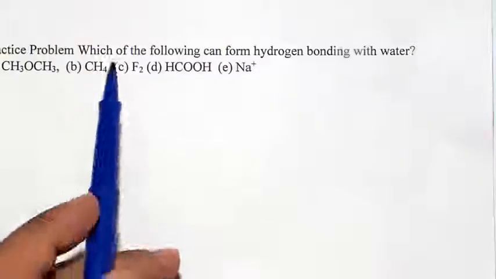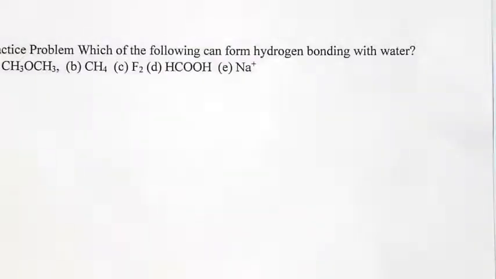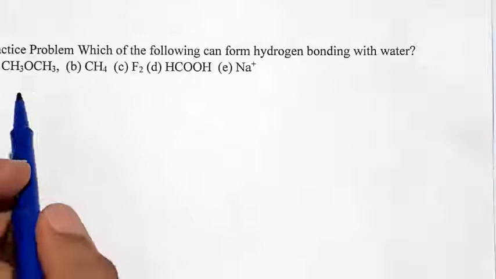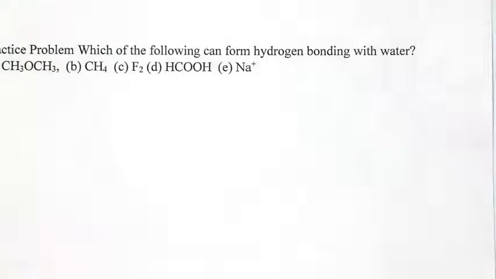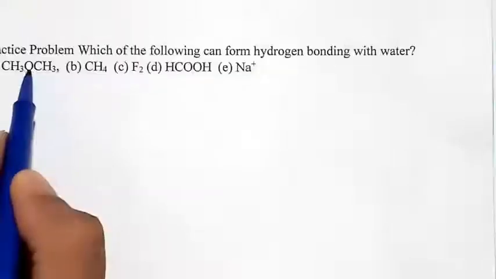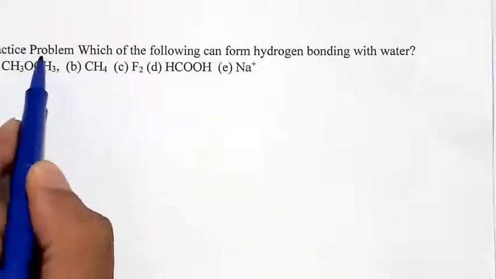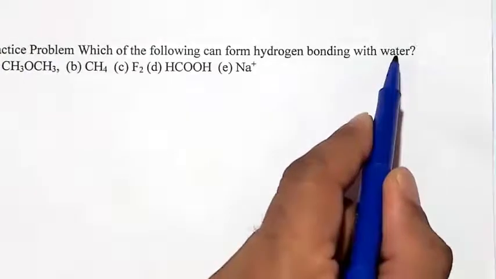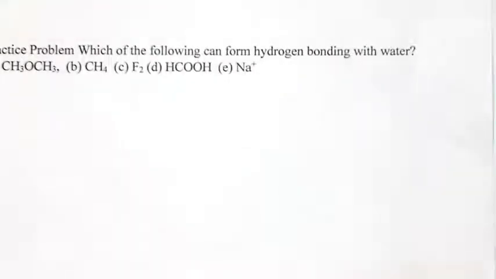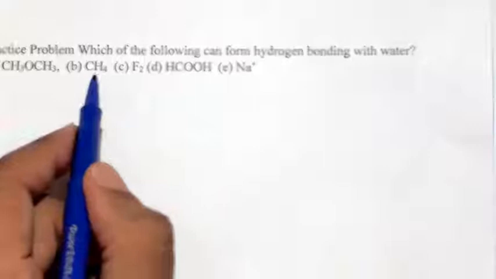One down here. Which of the following can form hydrogen bonds with water? And now look here for oxygens, nitrogens, or fluorines in the molecule. And this can form a hydrogen bond because that oxygen can form a hydrogen bond with the water molecule, H2O. This CH4 cannot do anything.